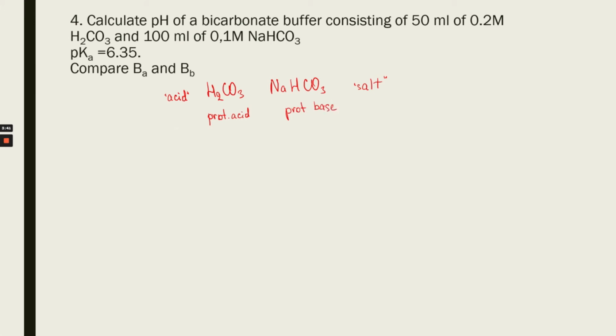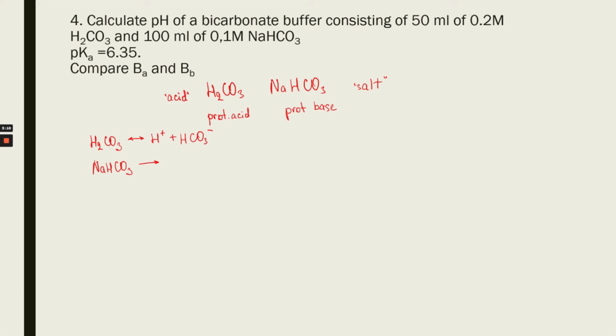Why? Let's write what is happening with both substances in water solution. H2CO3 is a weak electrolyte, so we write two arrows. It gives us a proton, and it also produces the hydrocarbonate ion. Sodium hydrocarbonate is a strong electrolyte.